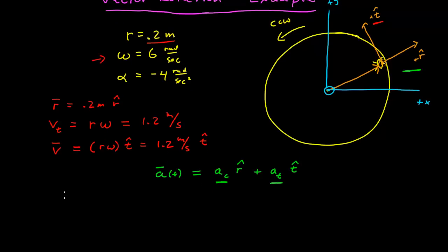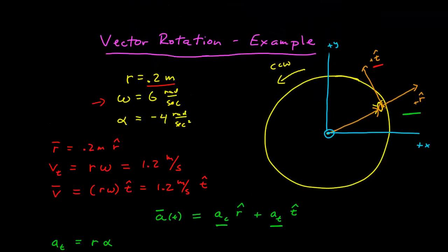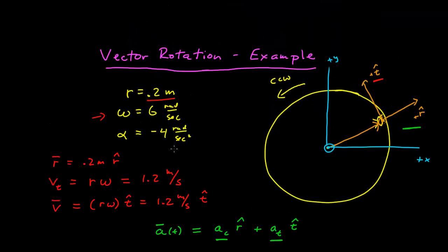Okay, so the tangential component of the acceleration is equal to the radius times the angular acceleration. We've already identified the angular acceleration, which is -4 radians per second squared. We know it's negative because we were told in the original example that it was slowing down, which means it has to be in the opposite direction of our angular velocity.